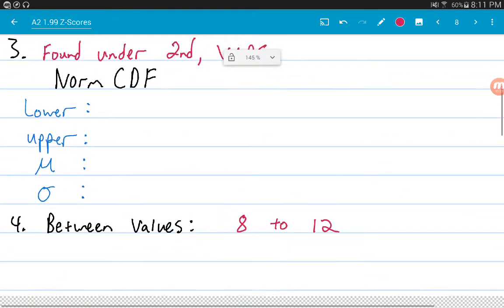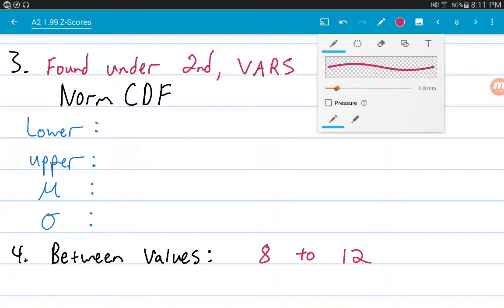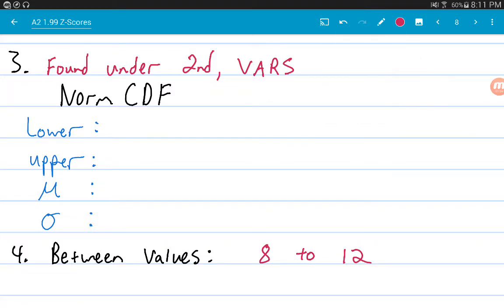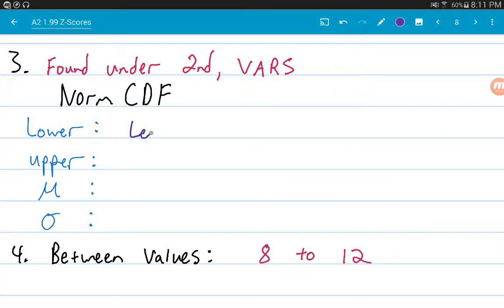Now, when you are going to find these answers, you're going to be using the norm CDF function. The norm CDF is found under second vars on your calculator. When you press norm CDF, I believe it's normal CDF, it'll give you 4 things that it wants. It wants the lower, the upper, mu, and sigma. So the lower is your left boundary value.